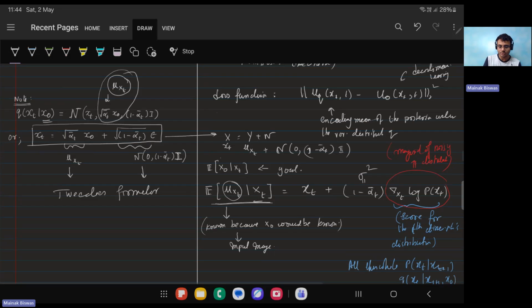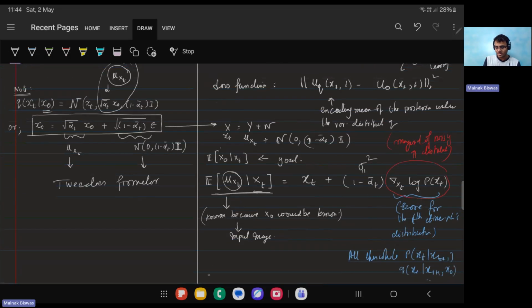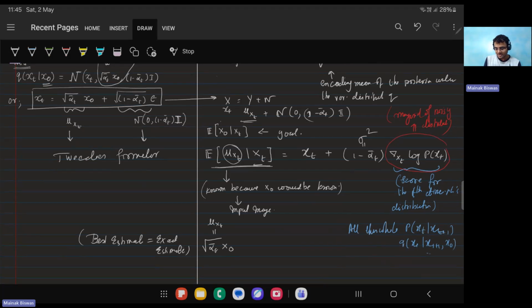We already know this value as root of alpha t bar x0. I'm just putting the exact estimate of the value. The best estimate is the exact estimate. We know the mean of xt already. Best estimate equal to exact estimate, which is this mu of xt, which is equal to, again from this equation, I can write xt plus 1 minus alpha t bar, the gradient of the score function.